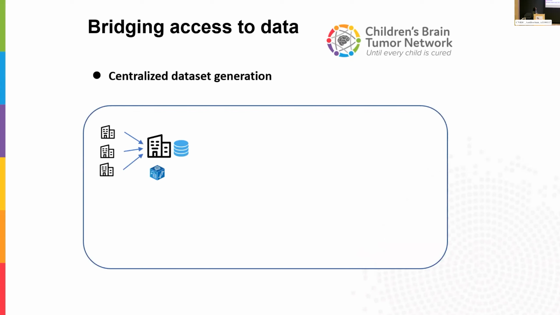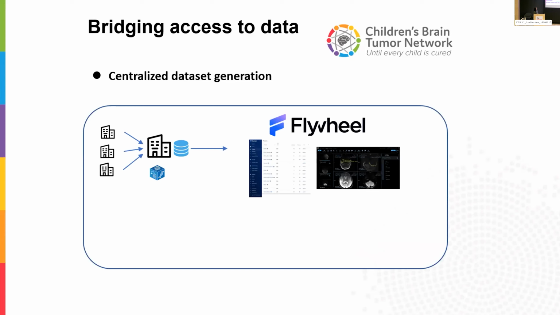So what this looks like is CHOP acts as the data coordinating center. Sites send their radiology images where we then house it long-term. We store it, we de-identify it or anonymize it, and make it available to researchers and clinicians and people who want to use the data on a platform called Flywheel.